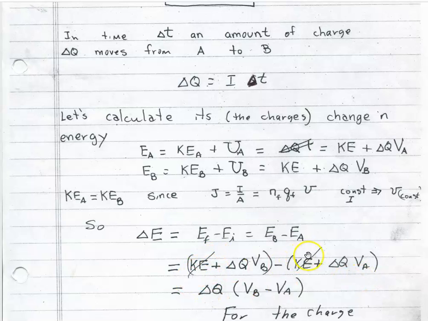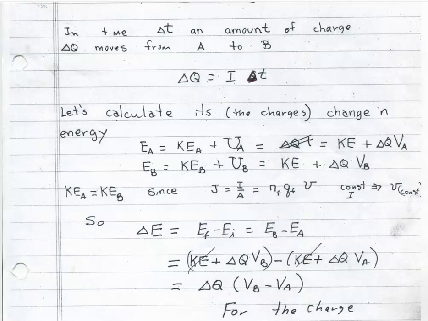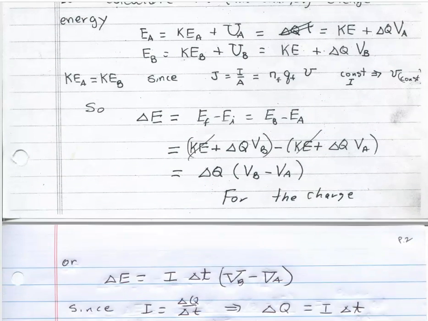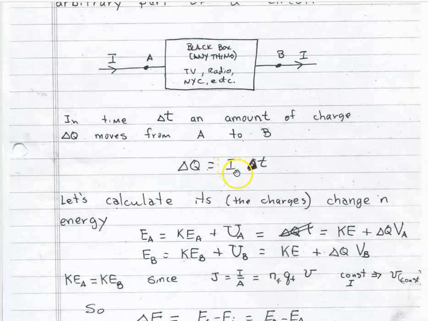But as I've argued, the kinetic energy is the same, so those terms cancel. And I get that the energy delta E that's gained by the charge delta Q is given by delta Q times the difference in potential from A to B. But, again, we know that delta Q is I delta t.